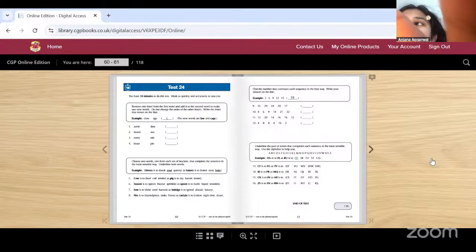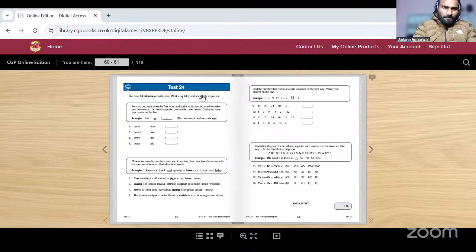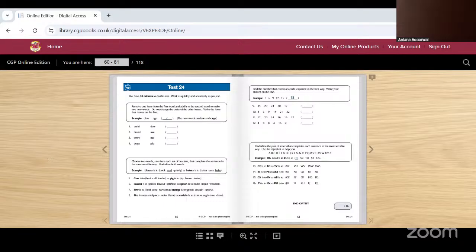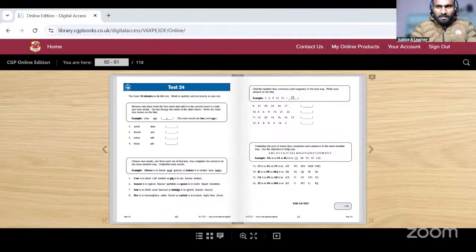Okay. So you may be doing this. And in the case of ratio and proportion, we have something left. I'll be working on that. You may take a screenshot too.